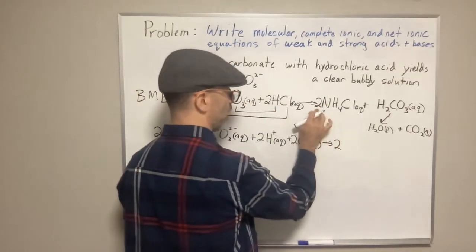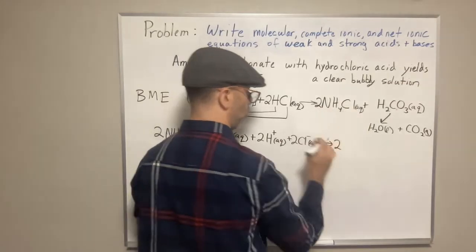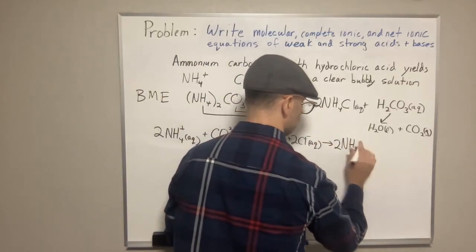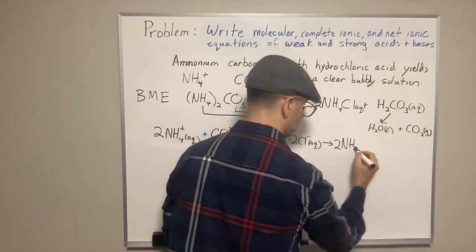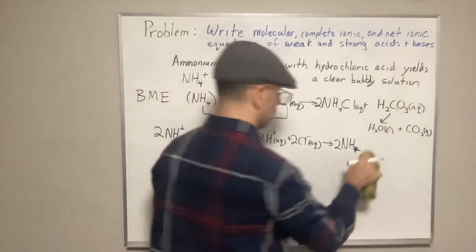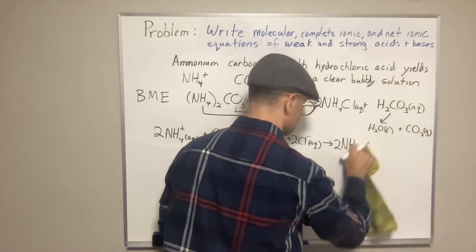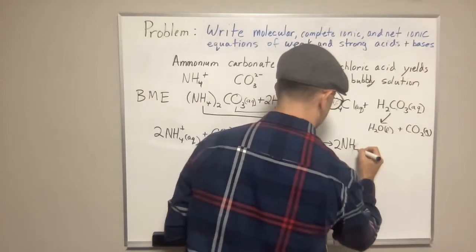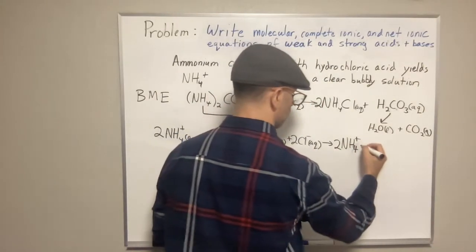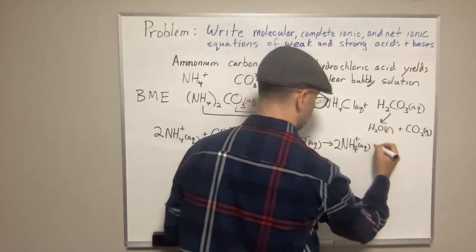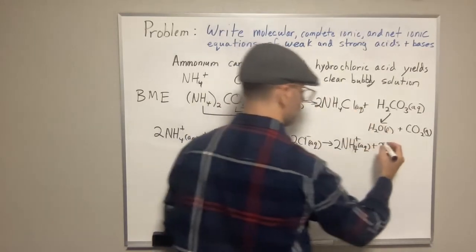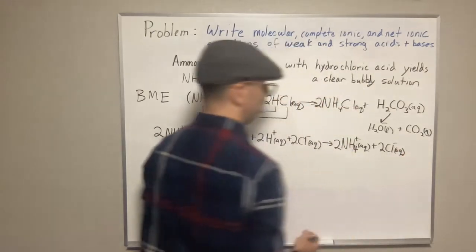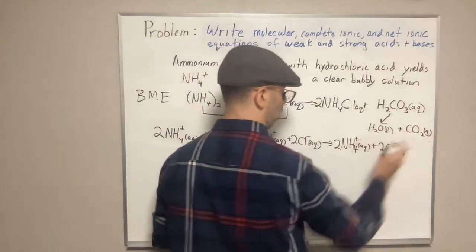So I have a 2 there, so that 2 is going to apply to both ions. So I have 2 NH3, oops, that should be NH4. Let me fix that. So NH4 plus aqueous plus 2 Cl minus aqueous, and then I have water and carbon dioxide gas.